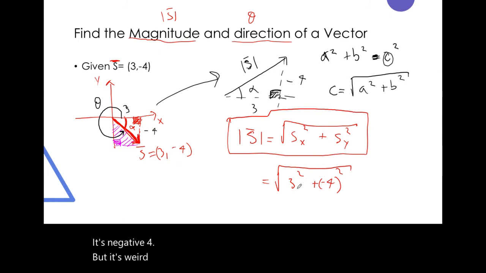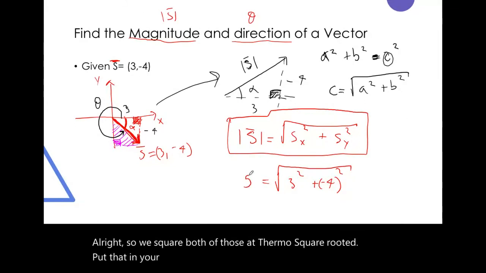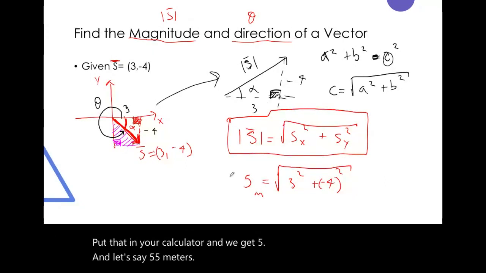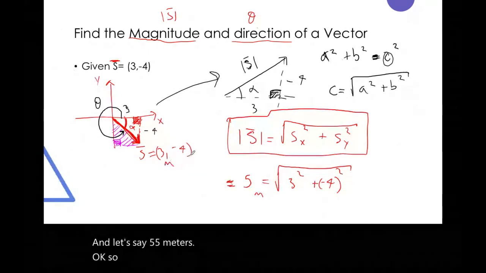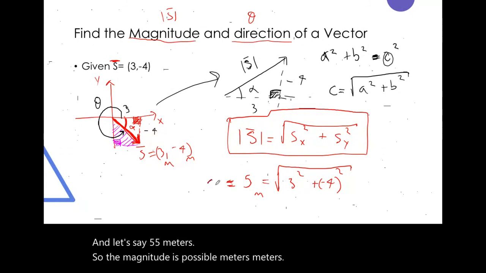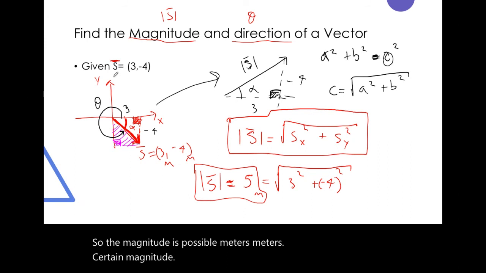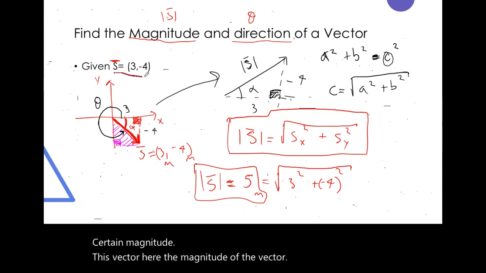We square both of those, add them up, square root it, put that in your calculator, and we get 5. Let's say 5 meters. So the magnitude of the vector (3, -4) is 5, also in meters.